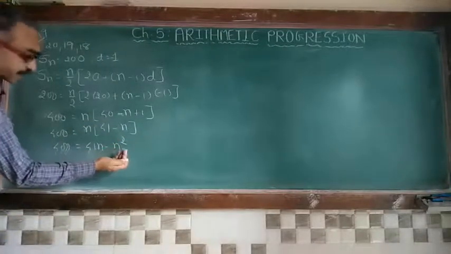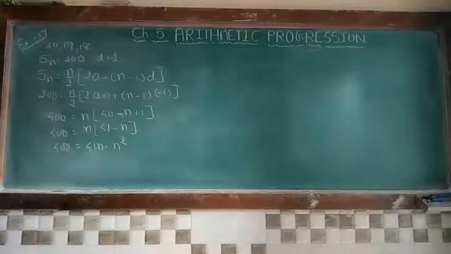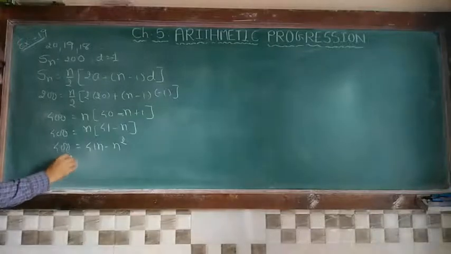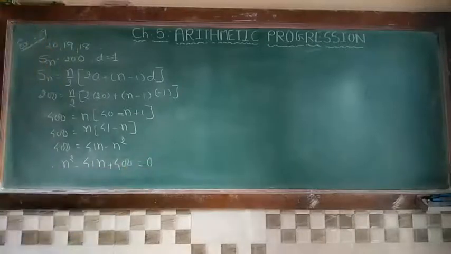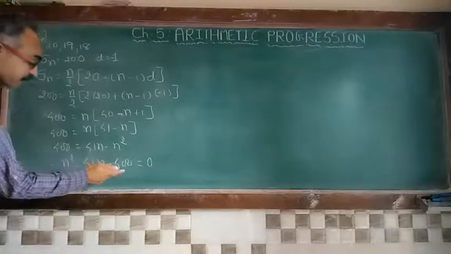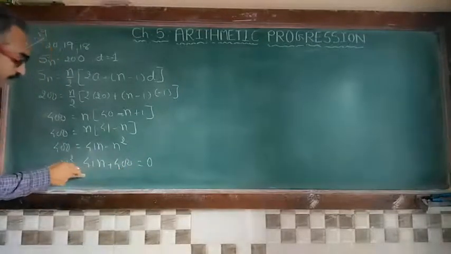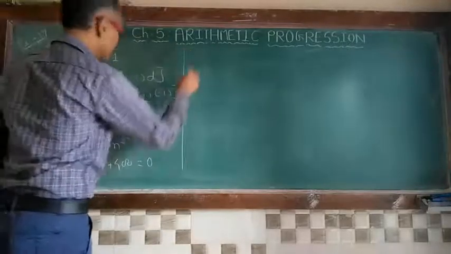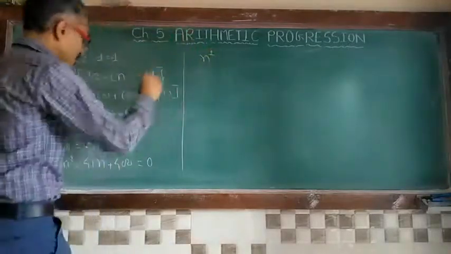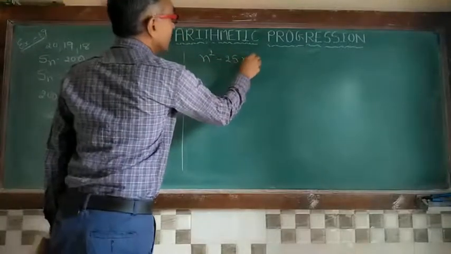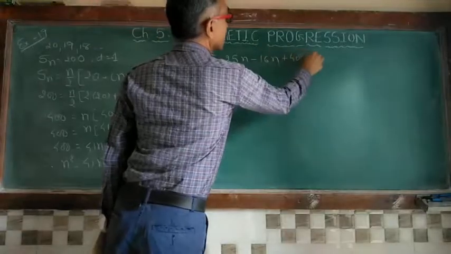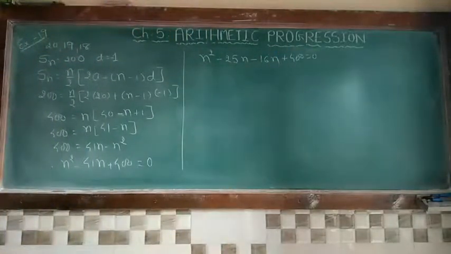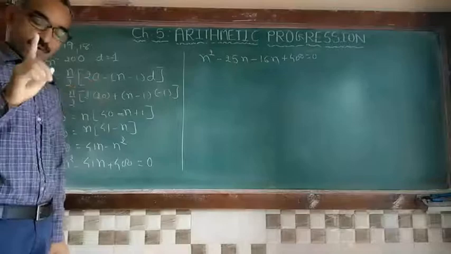Now take n square and 41n from right to left. That means n square minus 41n plus 400 is equal to 0. Now you have to factorize it. 400 into minus 41, that means, see here, n square minus 25n minus 16n plus 400. These are the factors of 400, 25 into 16, that means it is your 400.